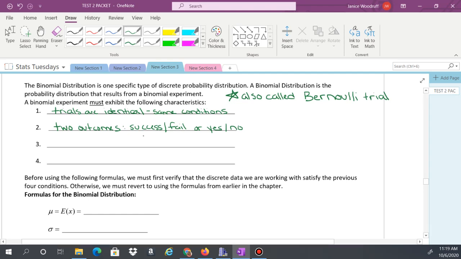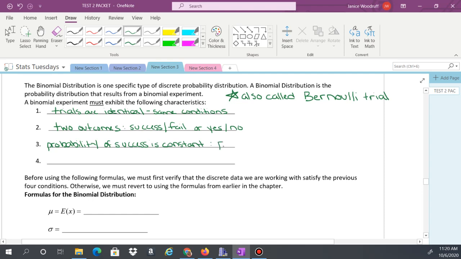The third one is that the probability of success is constant. All that means is that the sum of the probabilities adds up to 1.